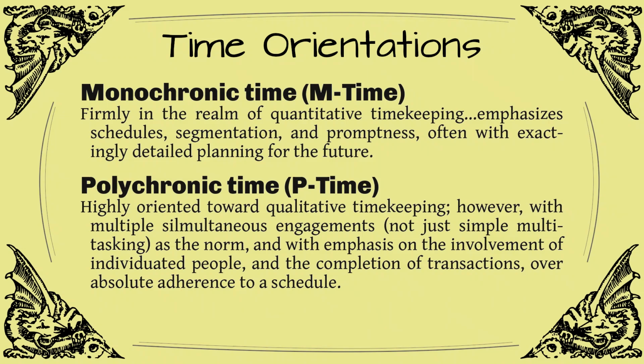Whereas with polychronic time or P-time cultures, what you might find is that you show up roughly when you're scheduled. You may be confirmed for your appointment, but you'll sit outside in the waiting area where probably someone will come around and talk to you, double check exactly what you're there for. And if there's someone that might be better suited for your needs, they can say, oh, well, maybe you ought to go down the hall and speak to so-and-so rather than this meeting.